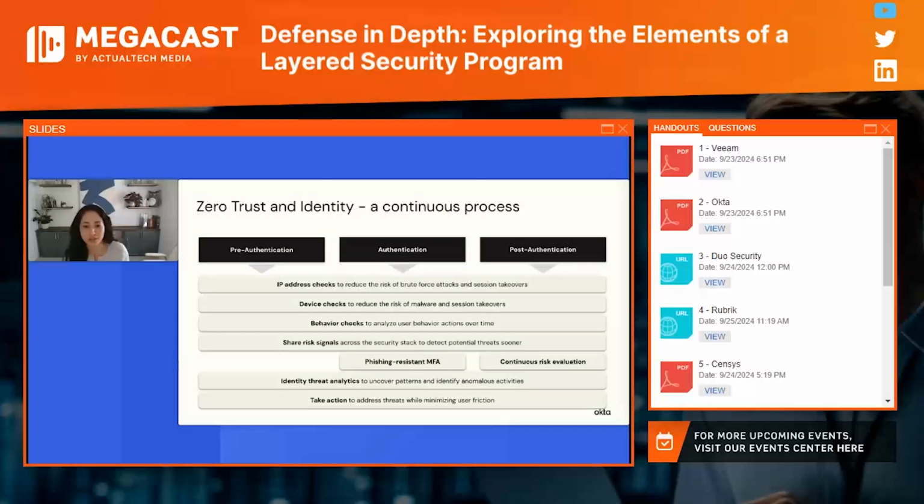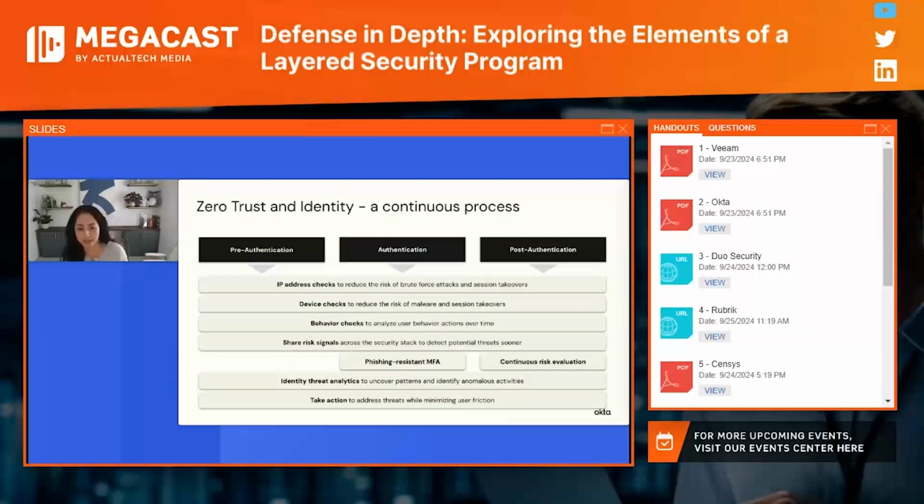So before a user logs in, using information available like their IP address and device as part of your authentication policy can reduce the risk of bots breaching defenses. And if you're collecting and analyzing user behavior or sharing risk signals with your MDM or EDR XDR software, you can reduce that risk even further while simultaneously reducing login friction for valid users.